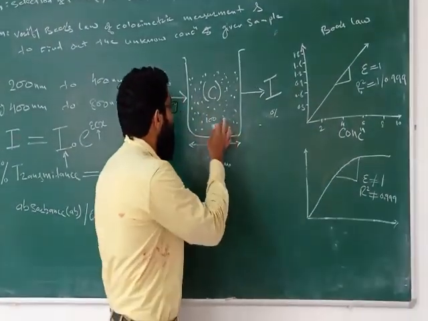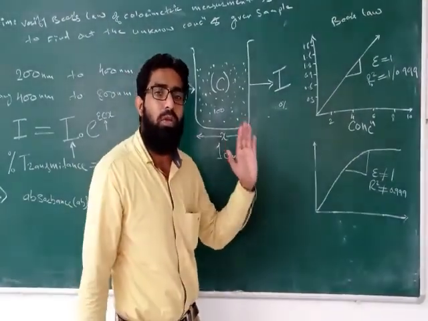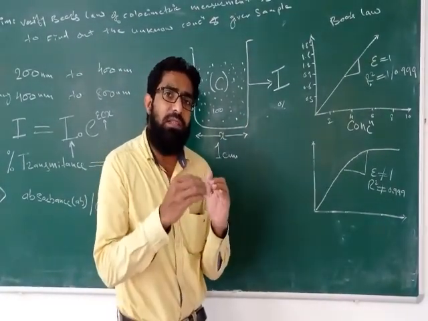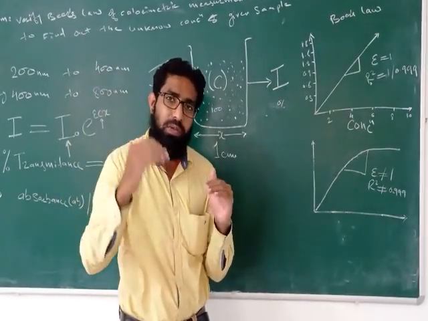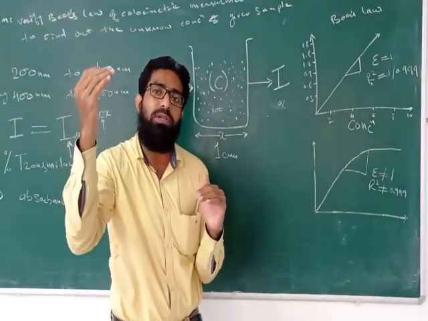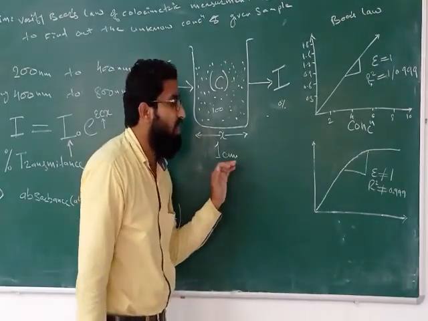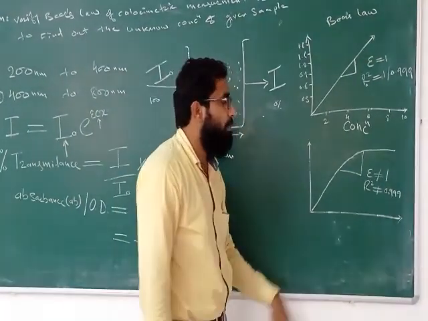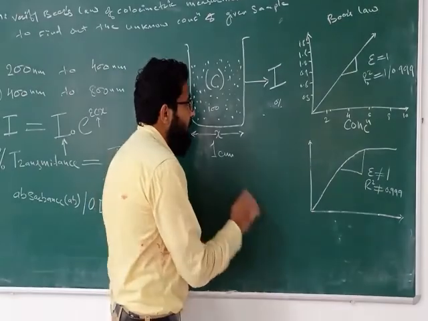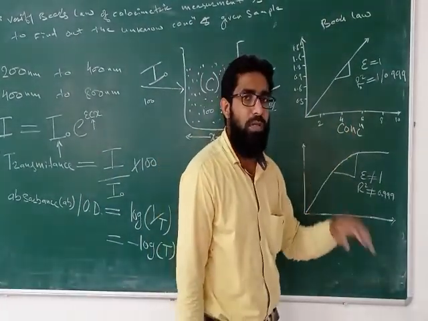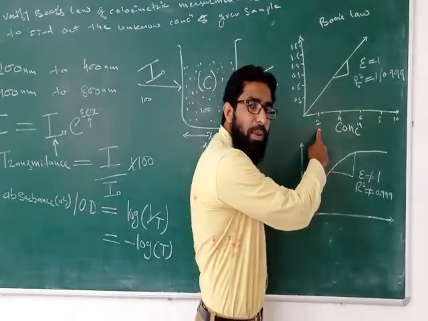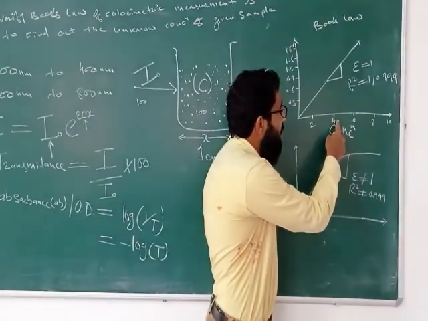Hence, Beer's law is directly related to the concentration. As the concentration increases, absorbance increases. I will give you an example. Suppose there are 5 concentrations: 2 microgram per ml, 4, 6, 8, and 10 microgram per ml.